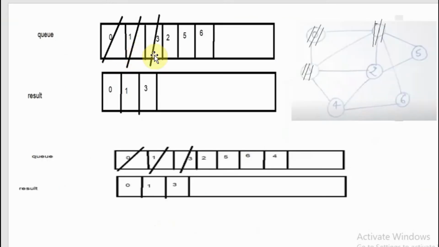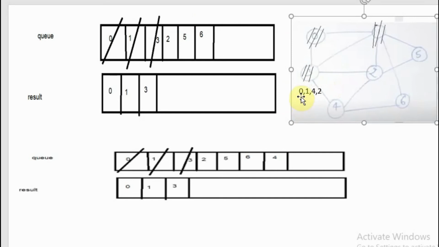Next, in the front of the queue is 3. 3 is inserted into the result and printed. After getting printed, it is shaded. Then you will check the neighbors of 3. Who all are the neighbors of 3? The neighbors of 3 are 0, 1, 4, 2. 0 has already been printed, you can't take that. 1 has also been printed, you can't take that.